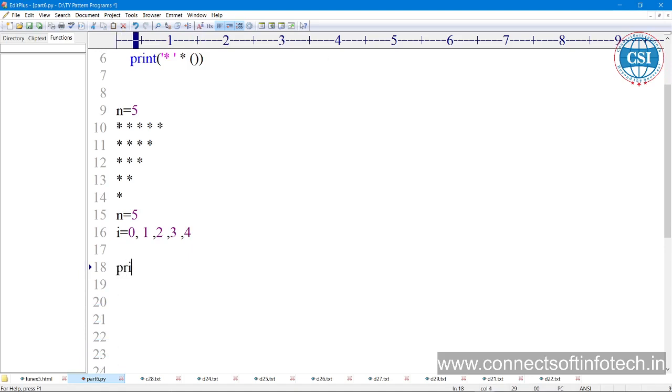Now print the asterisk. How many times do you want to print it?